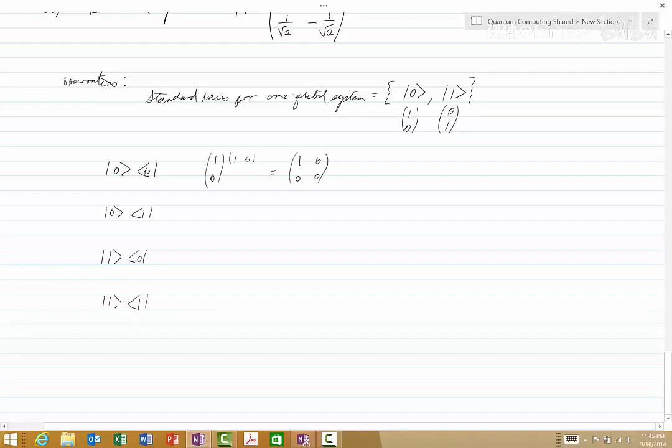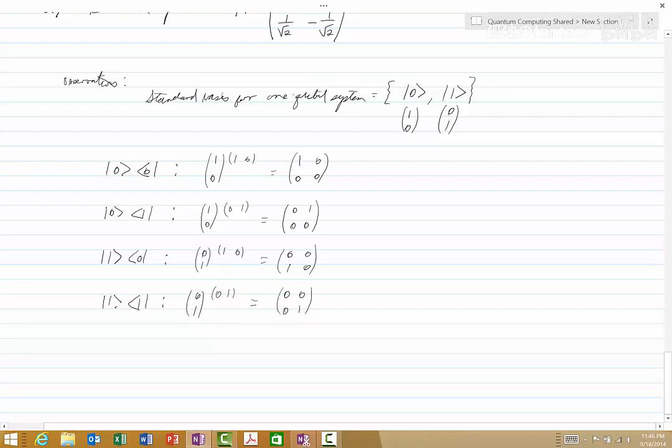Here we would have 1, 0 times 0, 1, which would give us 0, 1, 0, 0. For the next one, we would have 0, 1 times 1, 0, which would give us 0, 0, 1, 0. And then finally, for the last one, 0, 1 times 0, 1, and 0, 0, 0, 1.